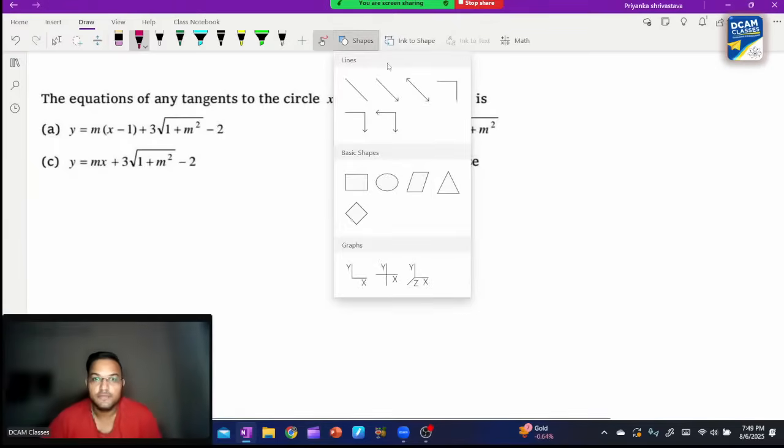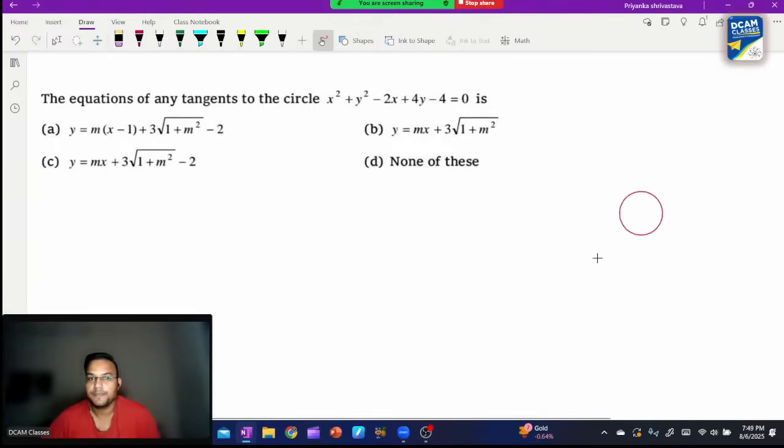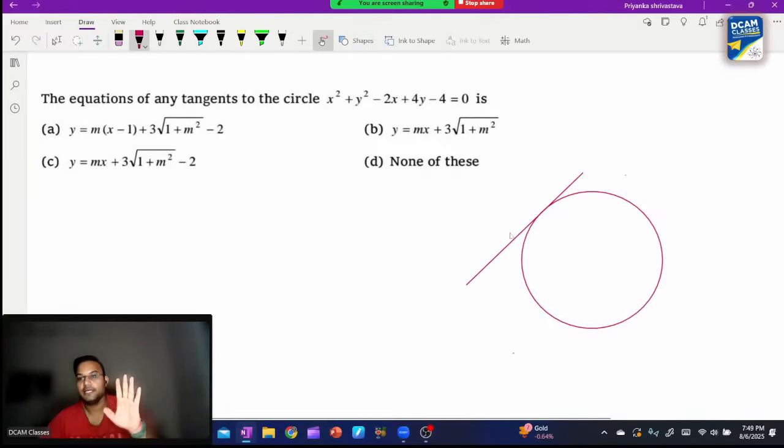The question, what they are asking: this circle is given to you, and only the tangent is given, whose slope is m. You have to find out the equation of tangent to this particular circle only in terms of m. That's all. Let's see how you will do it.